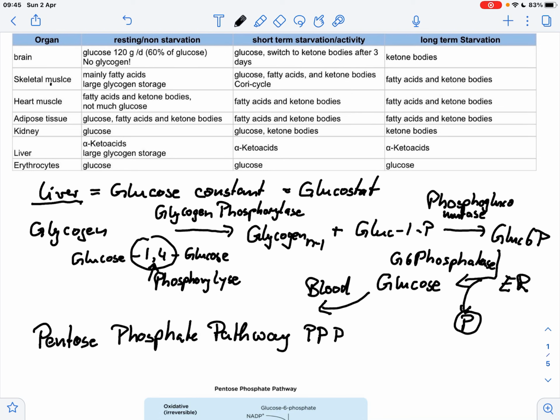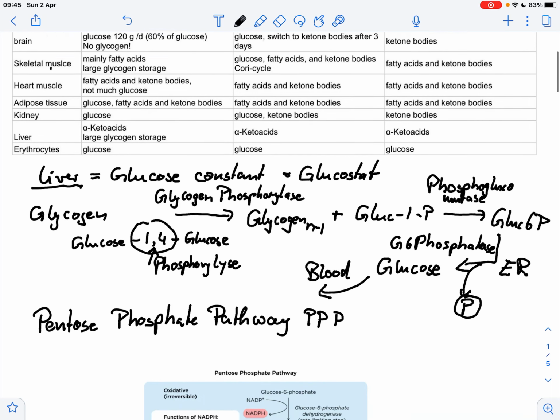Now I should say it's not just the erythrocytes that use glucose for that pathway. Every single cell has this pathway. It's a very old and very well conserved pathway that is quite ancient.